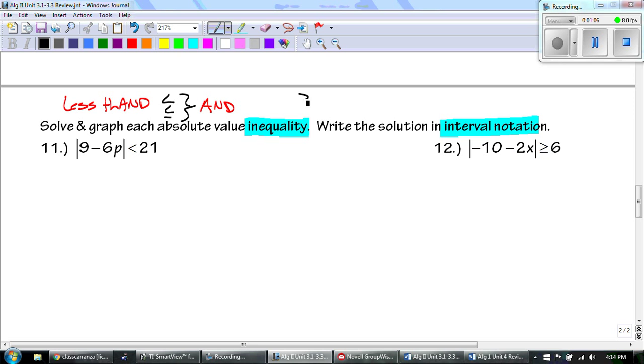And if it was greater than or equal to, we would change that to an or, because it was greater. Yes, we're nerds. We get it.